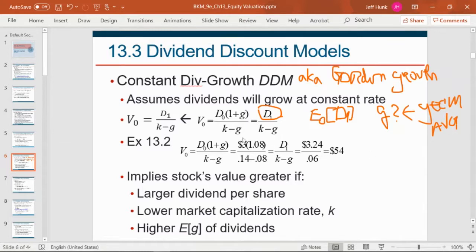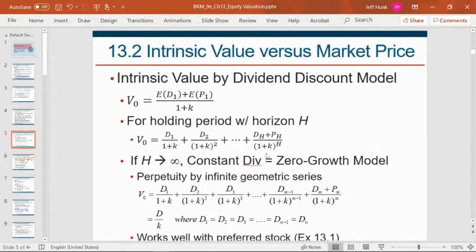And our next question is, why does it look like this in the denominator? Why is it required return minus growth rate? I mean, why do you have to subtract the growth rate from that? First of all, all the models start from this polynomial, right?